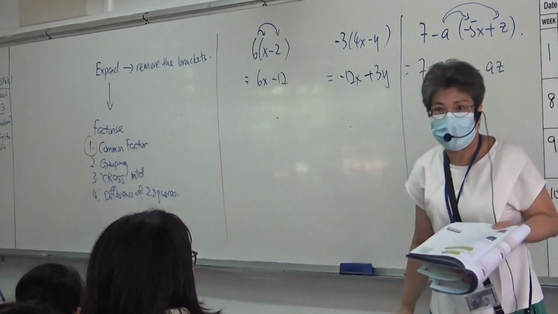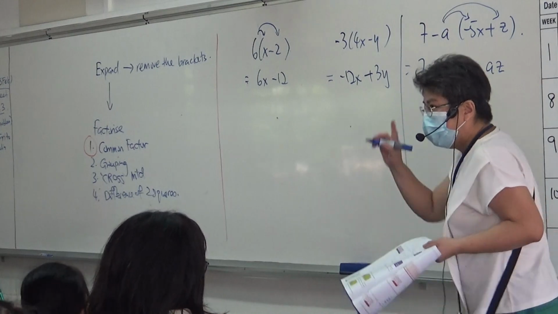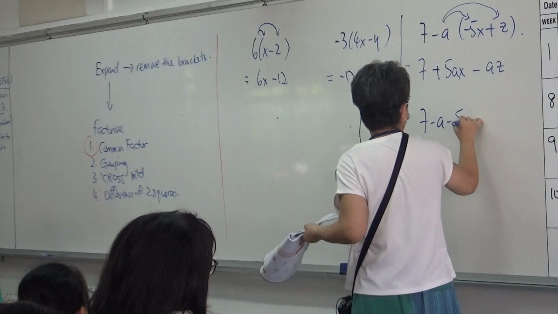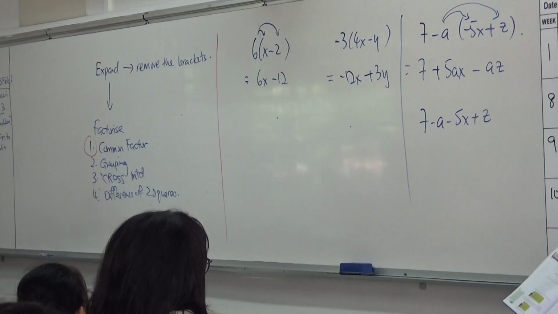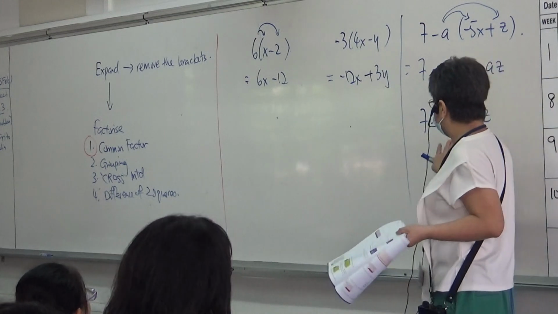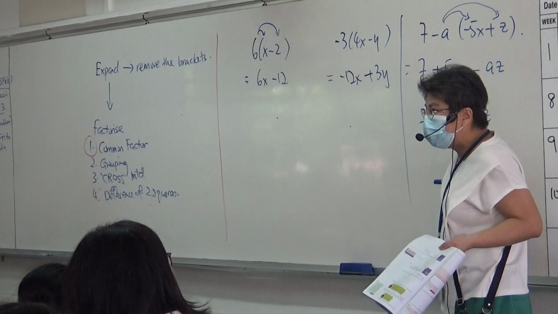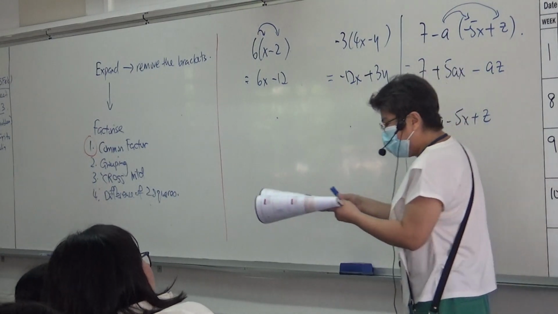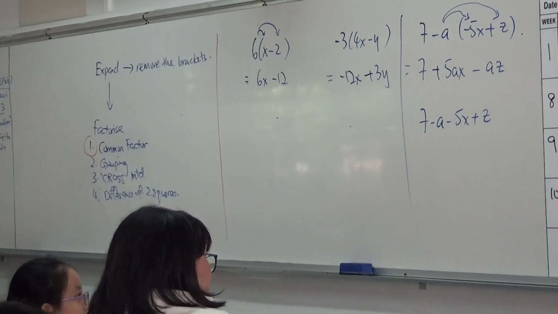No, so no need to combine. Understand? Can or cannot? Now, I want to ask, if someone writes like that, is it different from the original one? Yes. This one, there's nothing we can do about it. It's already simplified and there's no brackets. Can you see it? Yes or no? Yes, okay, good. So that is your example 4.